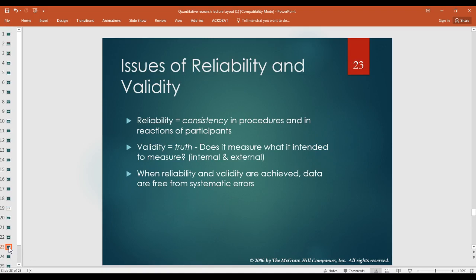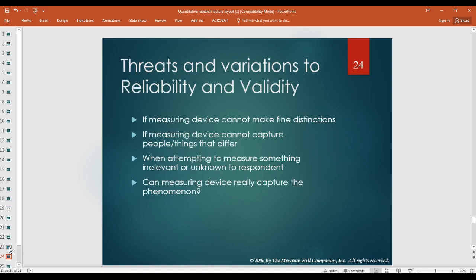The validity is really the truth to what you're measuring, and the truth to what you wanted to measure in relation to the question or the hypothesis that you've discussed at the beginning of the paper. There are two kinds of validity. There is an internal validity and there is an external validity.